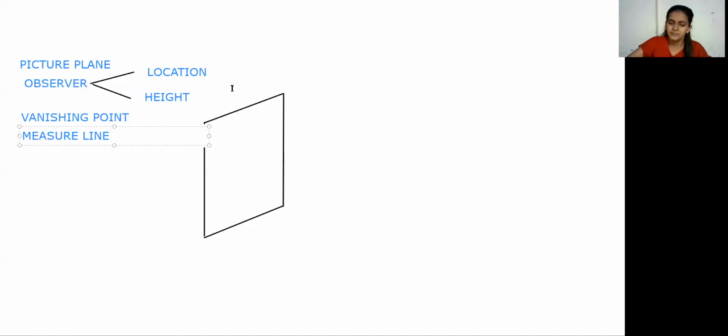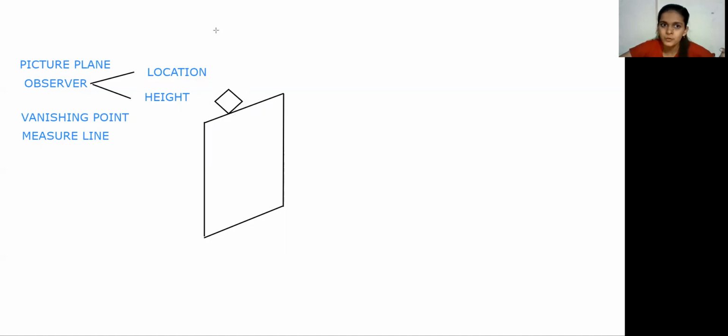Now in this, consider that any object is touching our picture plane. Suppose I am drawing a square here and it is touching the picture plane. The square is the object.